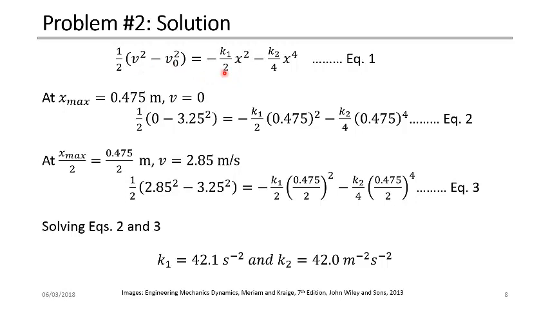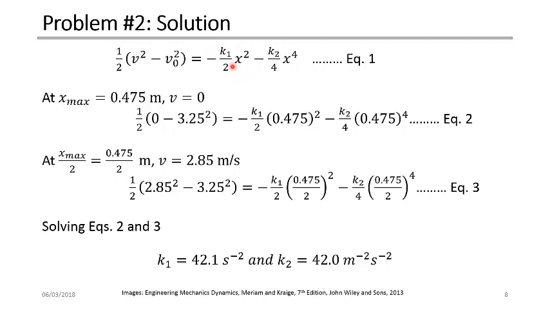If you look at equation number 1, you will find that on the left hand side you have velocity squared. If the velocity is in meter per second, then because it's squared, it is meter squared per second squared, so each term on the right hand side must be meter squared per second squared.